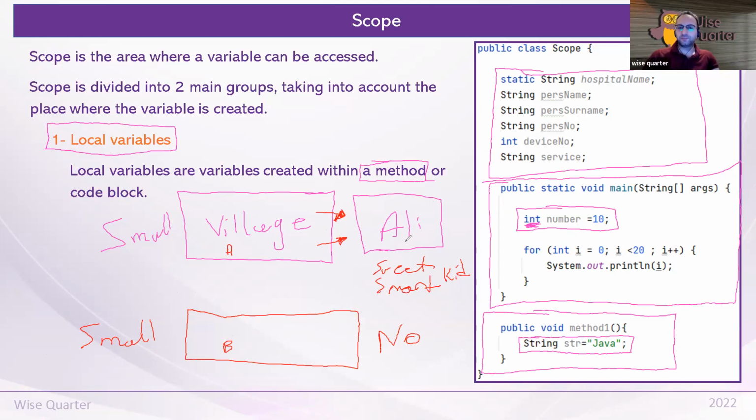It's like that. If you create a local variable, it will belong to that method. The method will be that variable's village. The other village won't be able to reach that variable. They won't have the info about it. They won't know the kid's name or anything about his character.